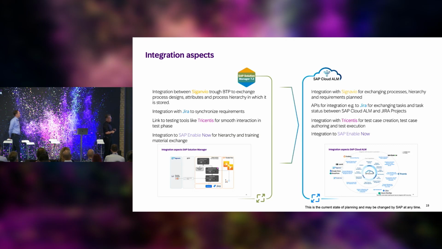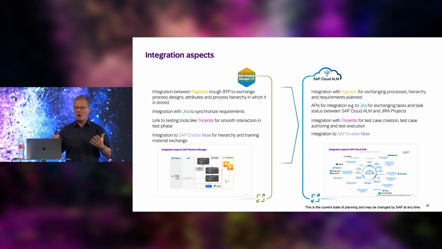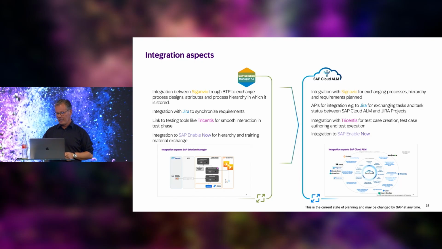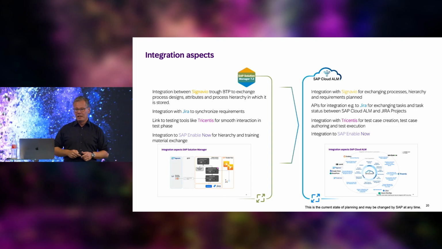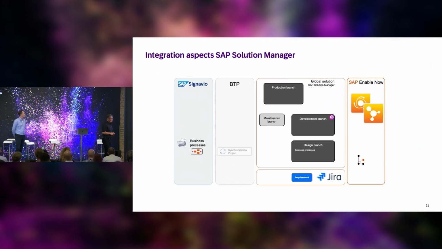We have Tricentis to test, and we have Enable Now to train our business how we designed and implemented our content. And before I hand over to Daniel, I would just like to jump into the details of that process.